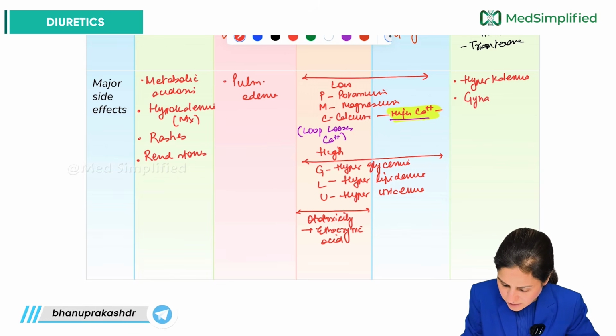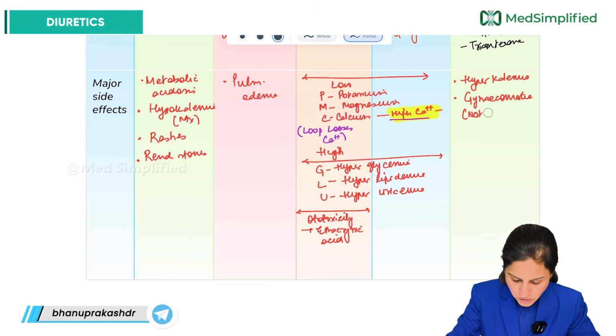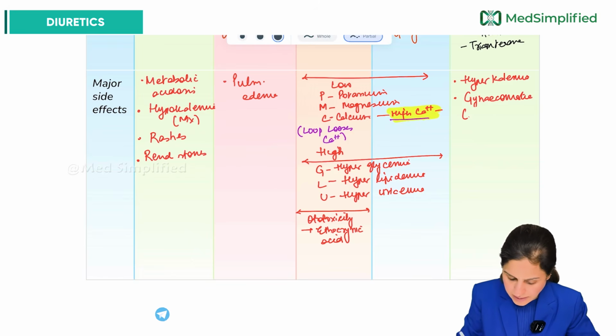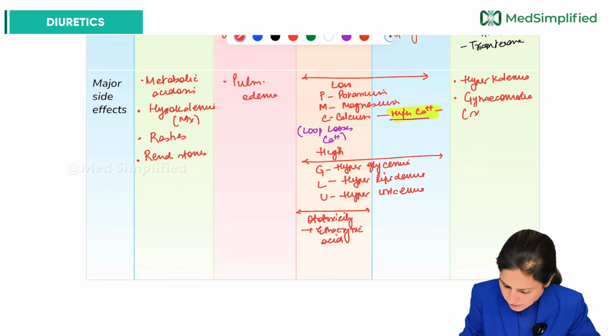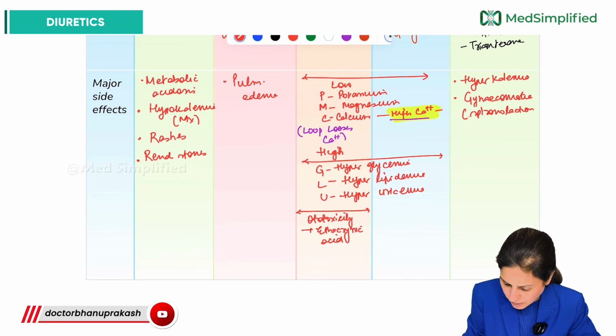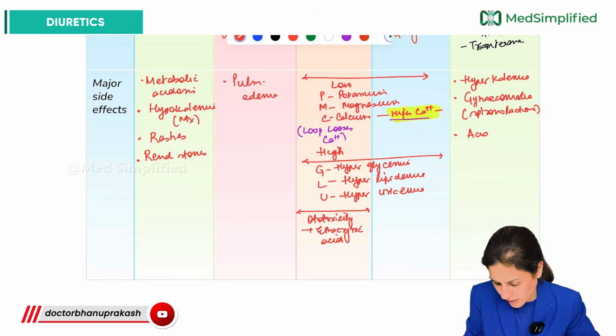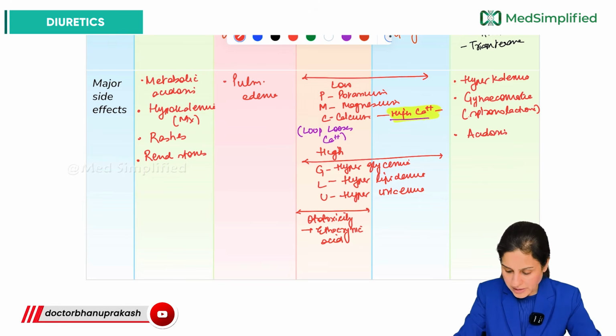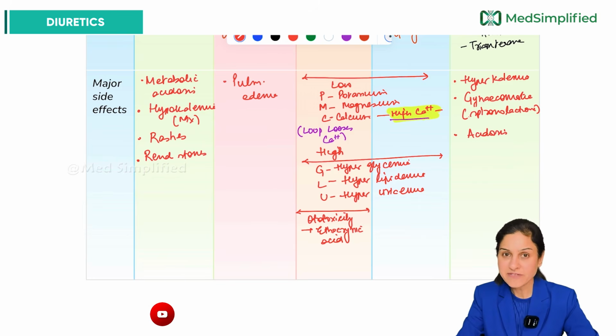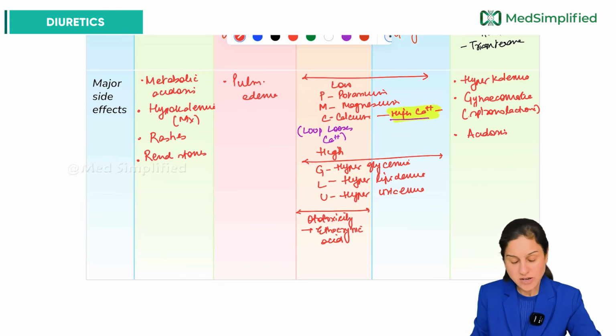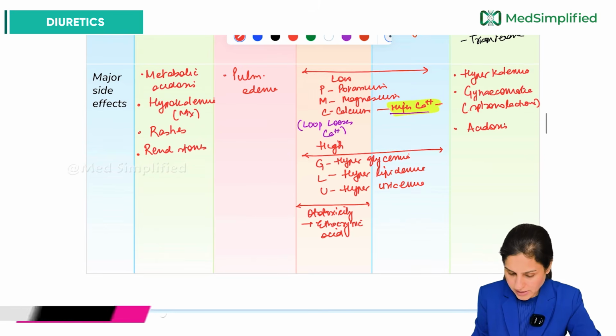It can cause gynecomastia, but this is not seen with eplerenone. So eplerenone does not have this action. Then it can lead to acidosis, right? So these are the important side effects that we covered in a comparative fashion amongst all these diuretics.